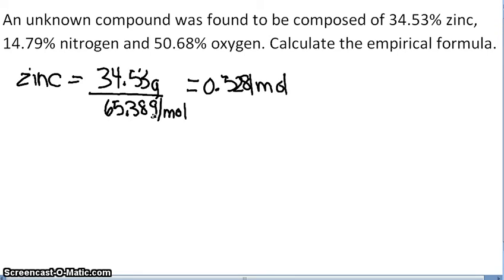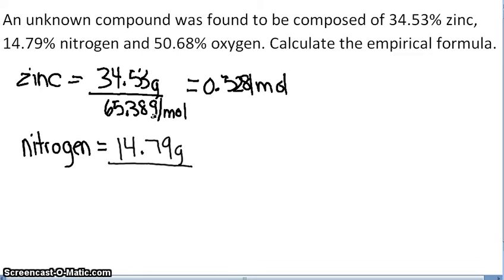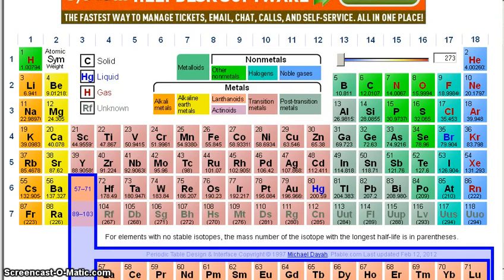And then we can find our moles of nitrogen. So for nitrogen, we have, as stated before, 14.79 grams. Go to your periodic table. You find that nitrogen has 14.0067 grams per mole.